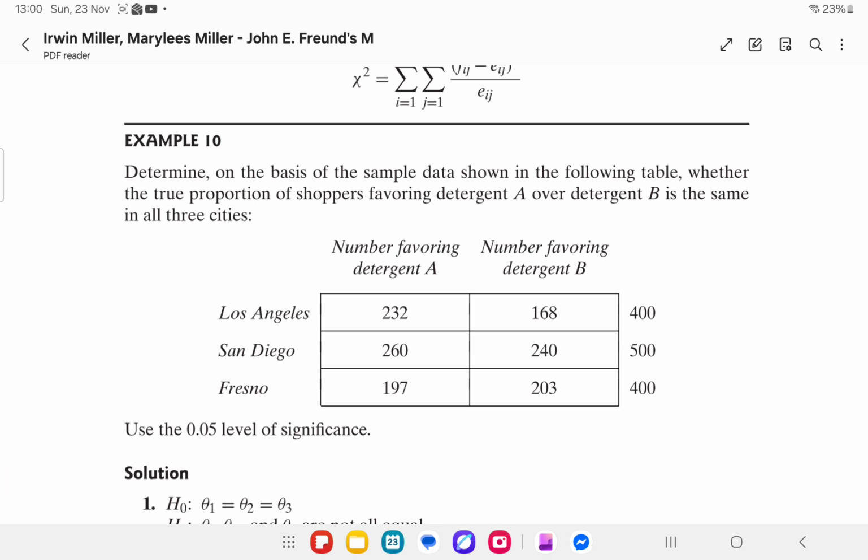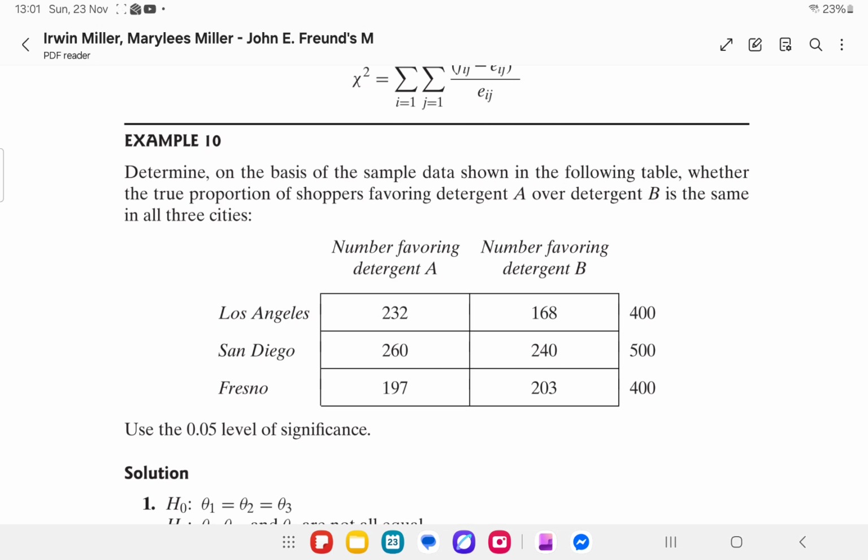So they wanted to test, for example, there are two types of detergents in the market, and they wanted to know which detergent is preferred by the people. So they wanted to see favoring detergent A over detergent B in all the cities. For example, if the study had been conducted only for Los Angeles, then it is a one proportion test.